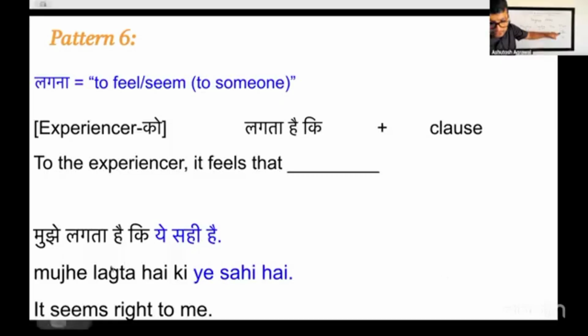Okay, so Nicole ji, follow it here. मुझे लगता है कि ये सही है. ये सही है is: this is right. So what you're trying to imply is it seems right to me. So let's say you want to say the opposite. How would you say the opposite of it?